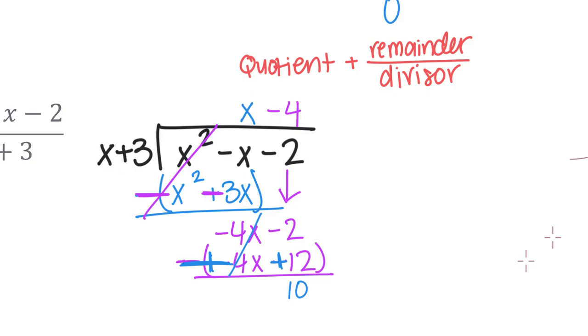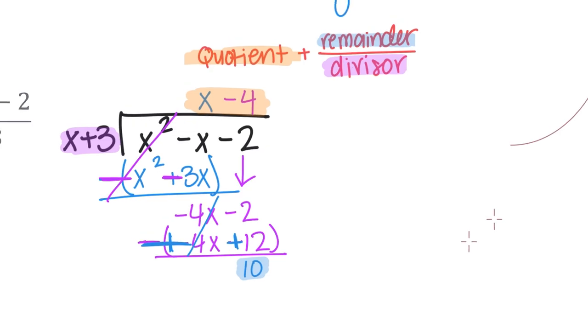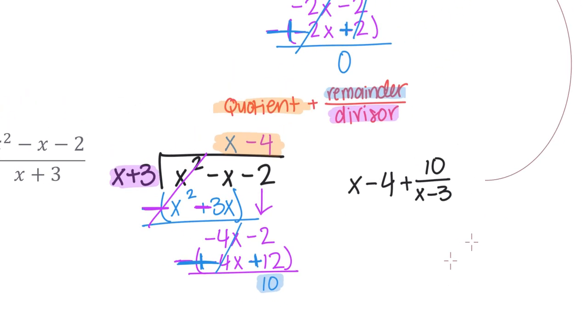Looking at this, my quotient is this right here, my remainder is going to be 10, and then my divisor is this number. So now what is it going to look like as my answer, getting everything together? It's going to be x minus 4 plus 10 over x minus 3. Okay, and that's long division for example 2.